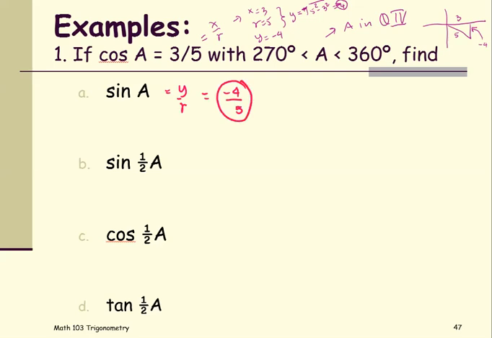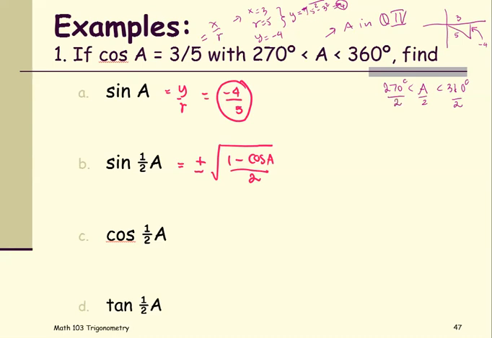And the next part, sine of the half angle A over 2. Sine of A over 2 is either plus or minus the square root of 1 minus cosine A divided by 2. Which one are we going to use, plus or minus? On the side notes, if A is between 270 degrees and 360 degrees, we divide all parts of the inequality by 2.